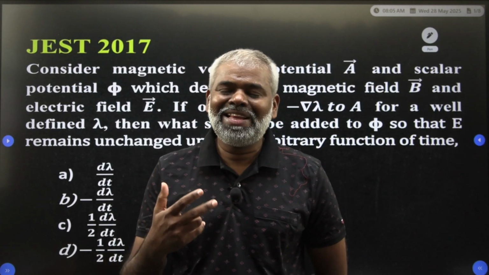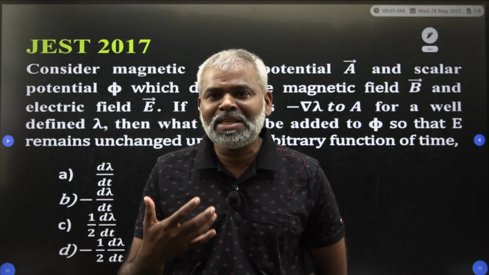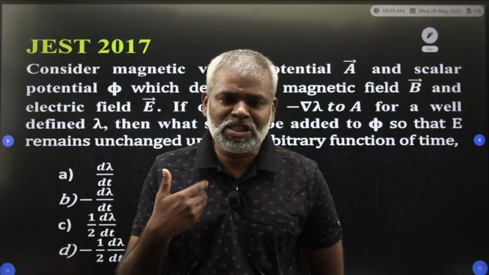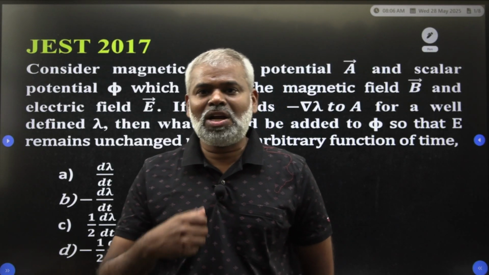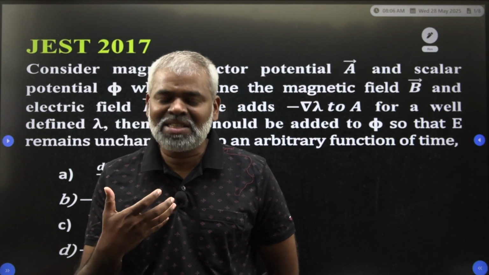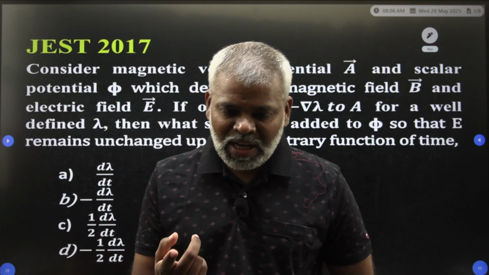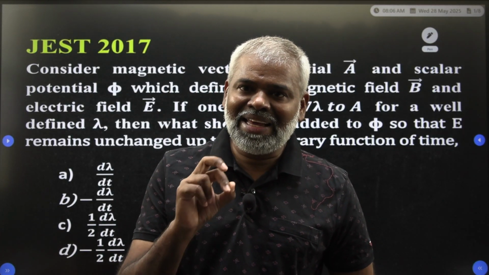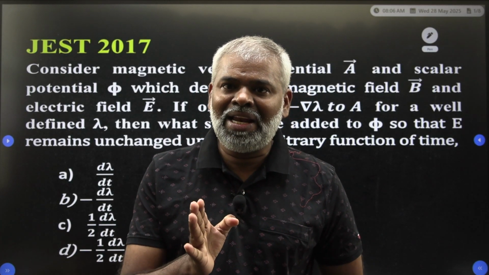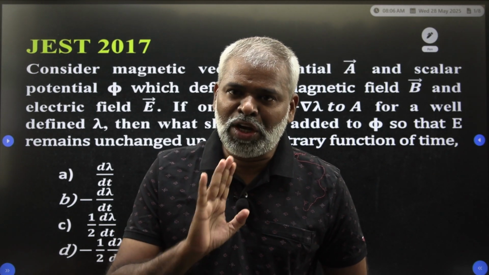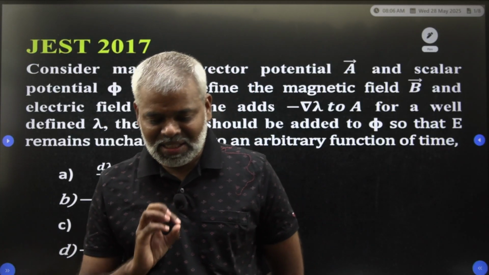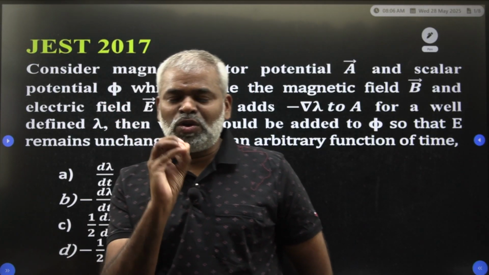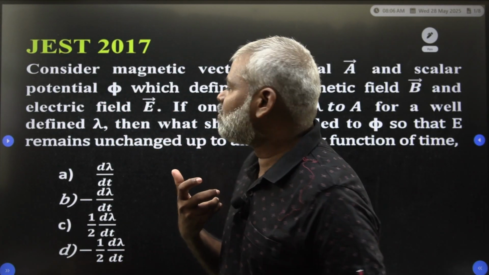If the electric field and magnetic field don't change, such transformations we call gauge transformations or gauge invariance, because when you apply the gauge transformation, your electric field and magnetic field won't change from one set to another. Clear?